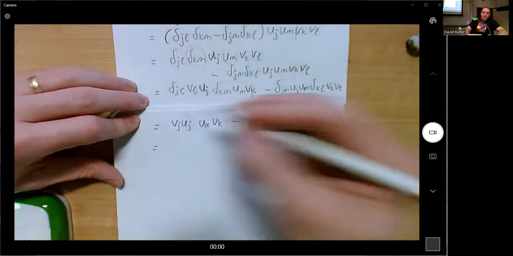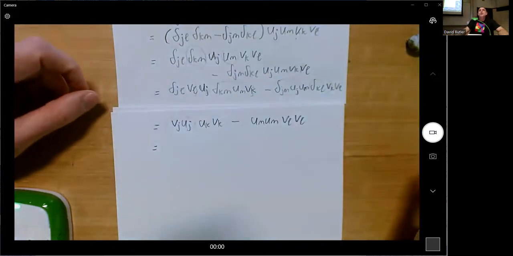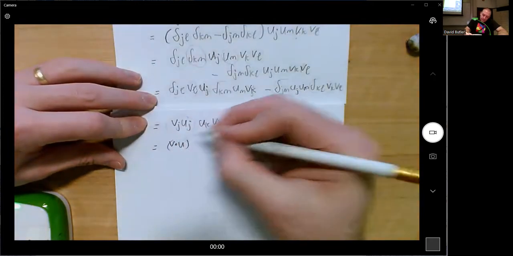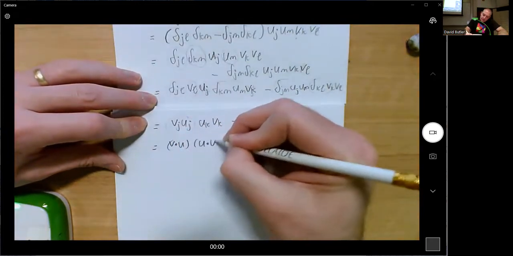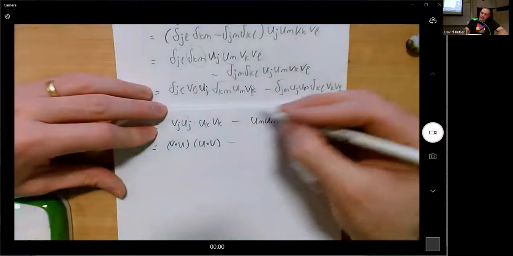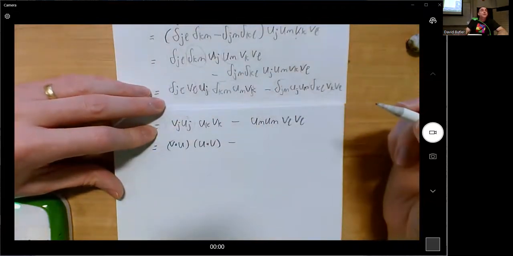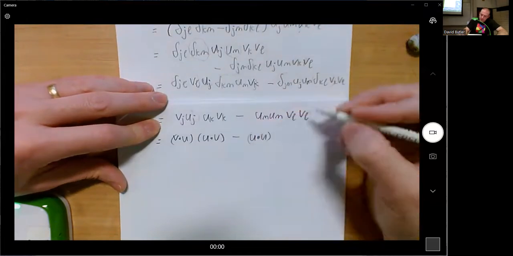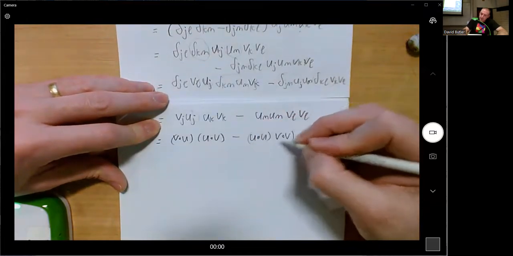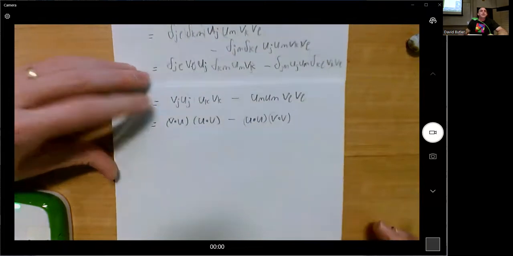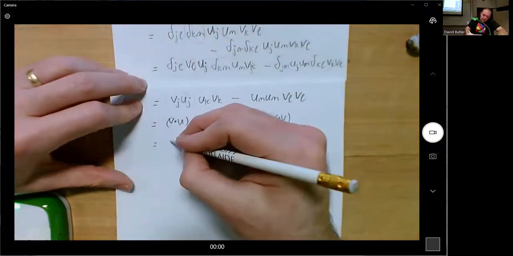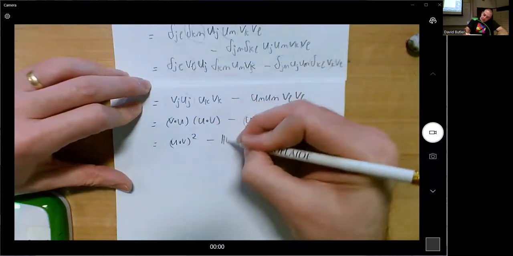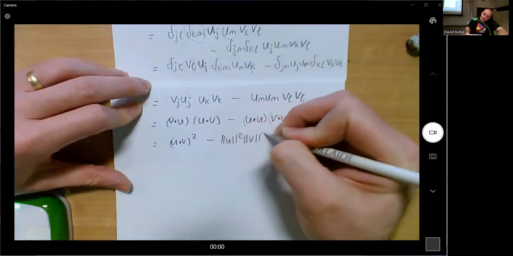And this is V dot U, and this is U dot V. And this is the length of U squared because it's U dot U. And this is V dot V. And so I've got U dot V squared minus the length of U squared times the length of V squared.